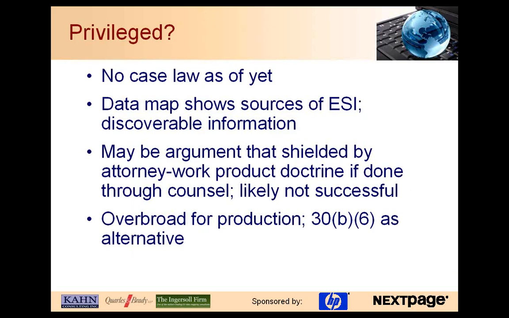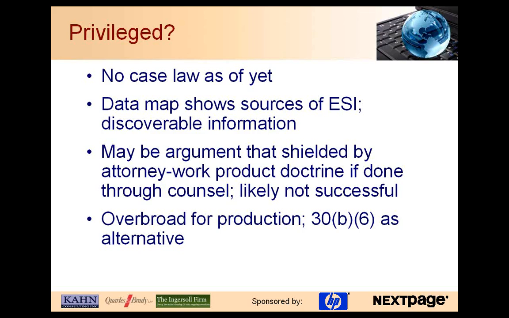My analysis in a traditional attorney-client privilege or even attorney work product situation is that a data map shows the sources of electronically stored information that are available within an organization, and that is information that I can get through a 30(b)(6) deposition of an organization's witness, and I think that information is very likely discoverable. So it's likely that a data map may not be privileged.